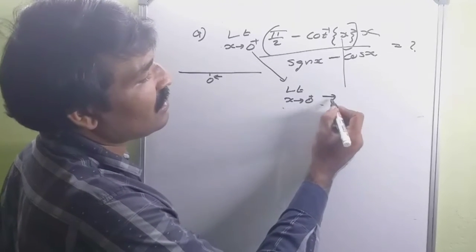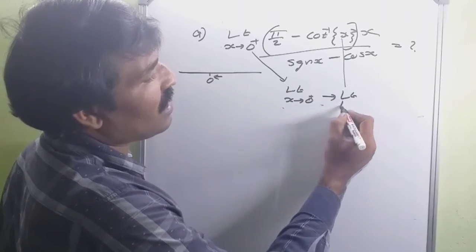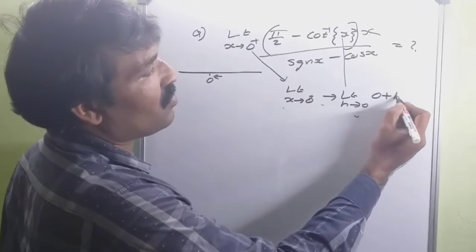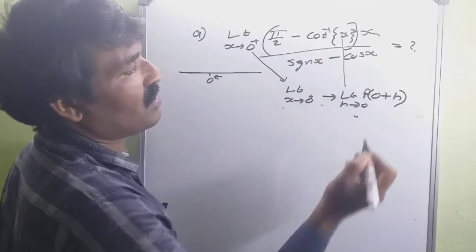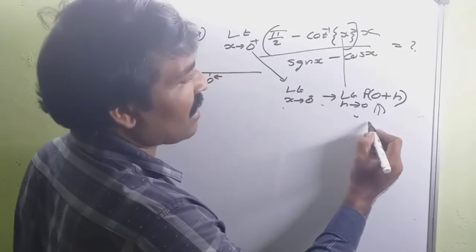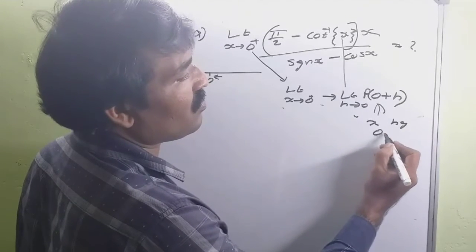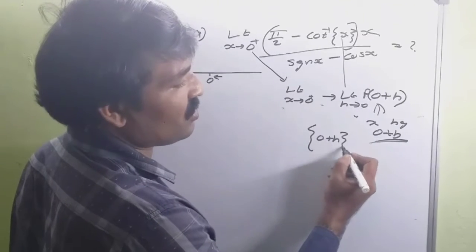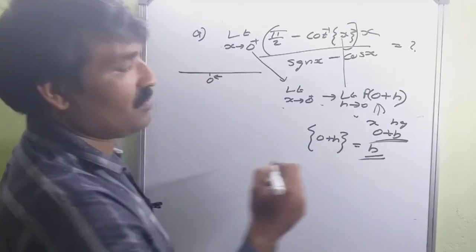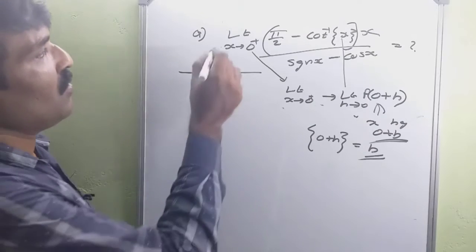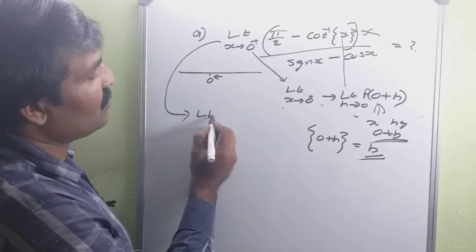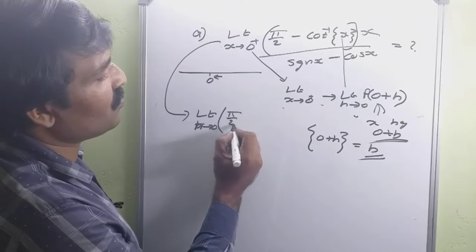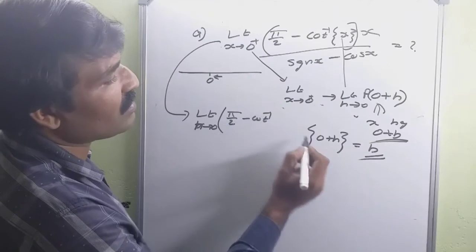That implies limit h tends to 0, x is replaced by 0 plus h. We are replacing x by 0 plus h. Now the fractional part of 0 plus h is equal to h.